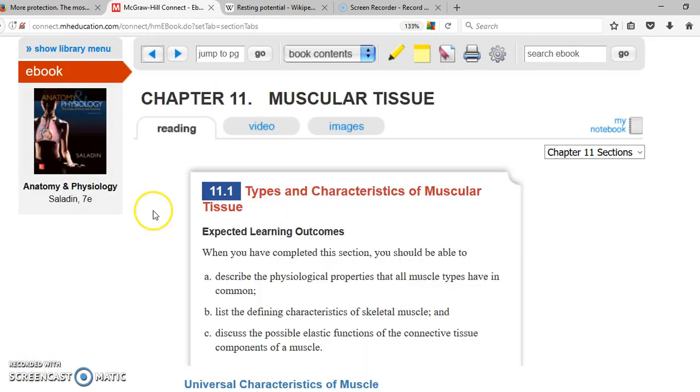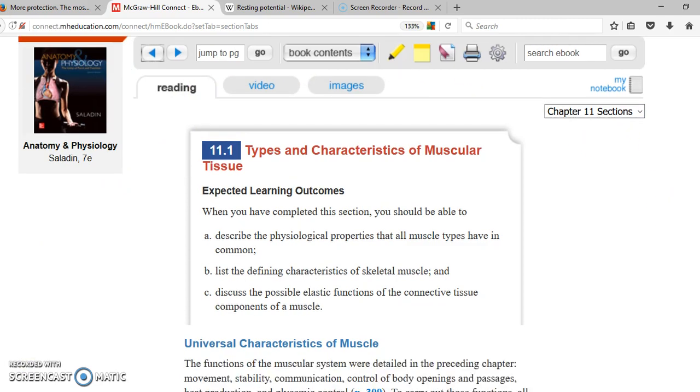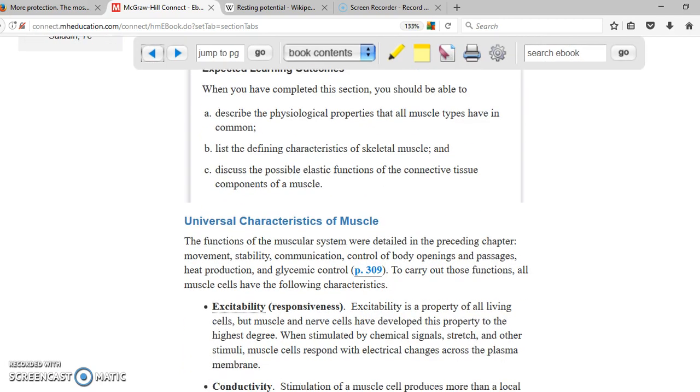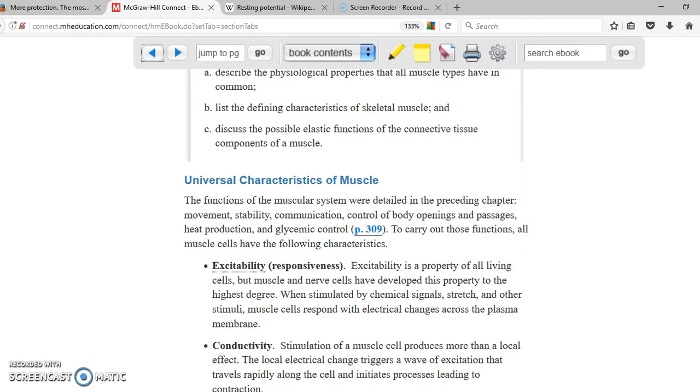So let's go to the next chapter, chapter 11, muscular tissue. Let's scroll down, and obviously we said that muscles are going to help us with multiple different things, such as movement, control of body openings, heat production, etc. But the cells in the muscles have to have certain characteristics in order to be able to achieve all these functions.